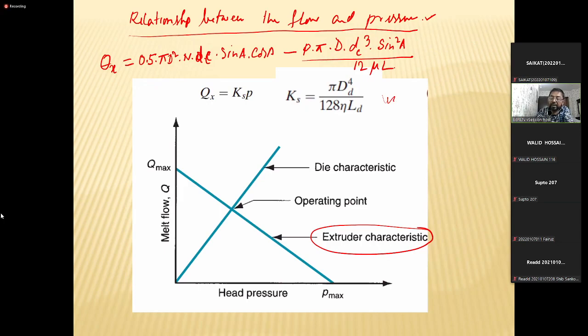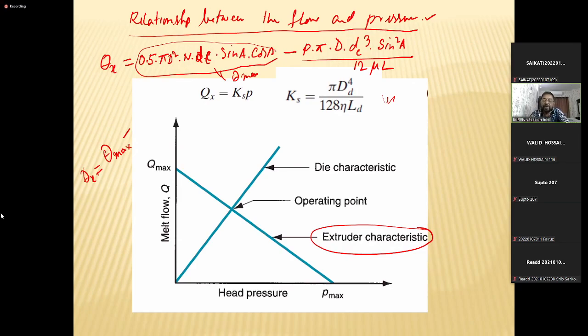For a particular extruder machine, this is a constant, and so you can write Qx is equal to Q maximum minus the backflow.